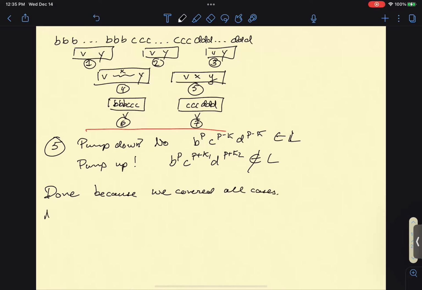So just a note here. If a pumping lemma proof is exactly the same as the one in the class notes, then you don't have to rewrite the pumping lemma proof.